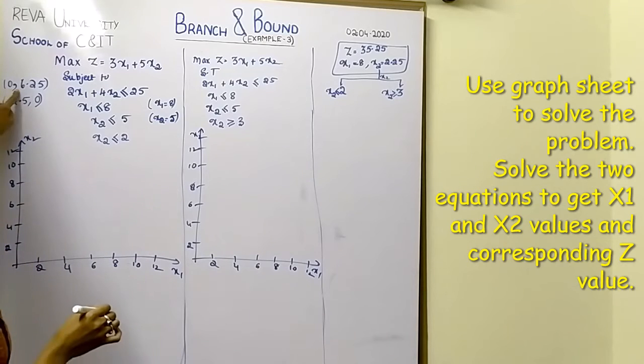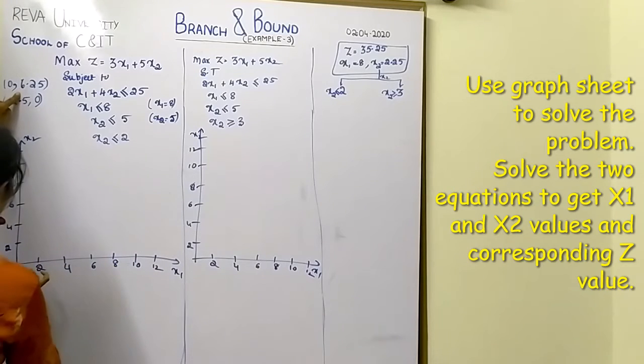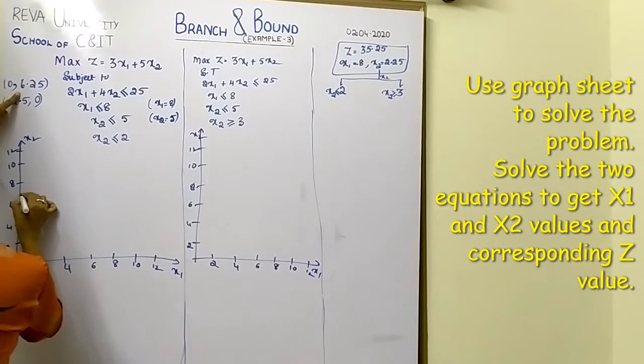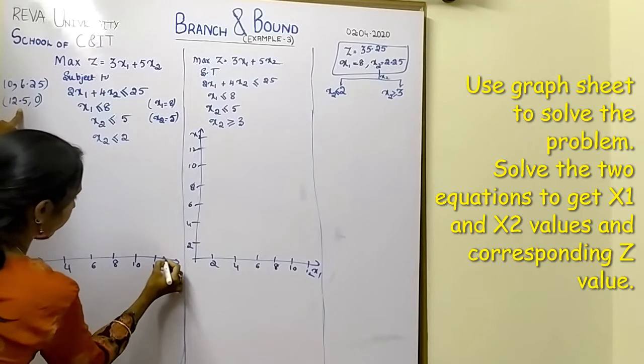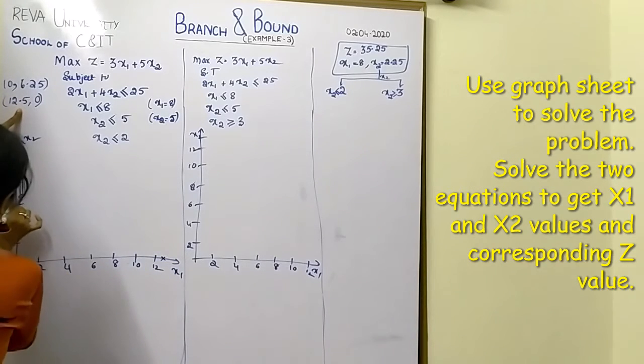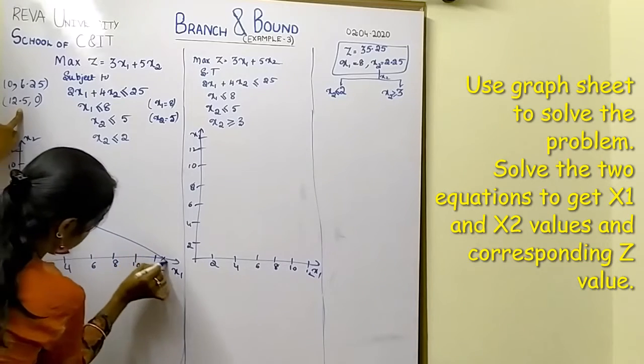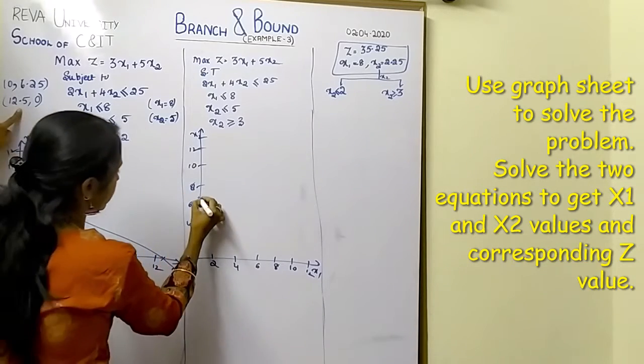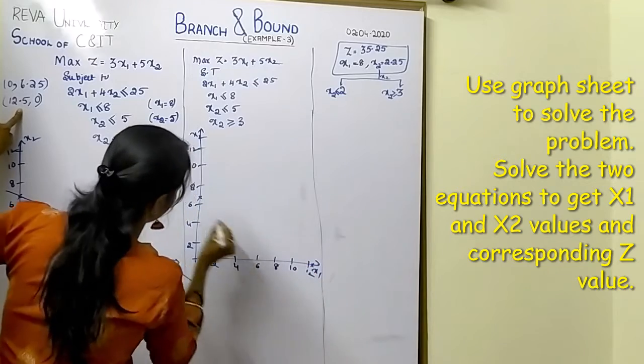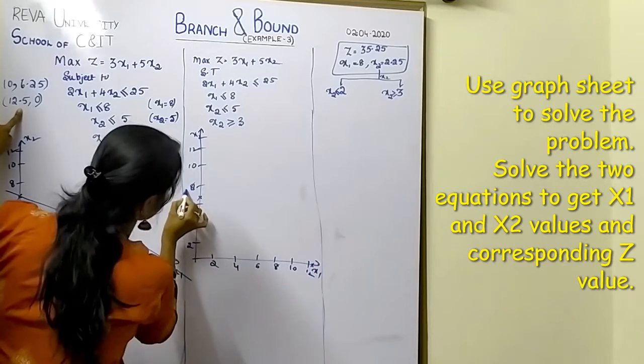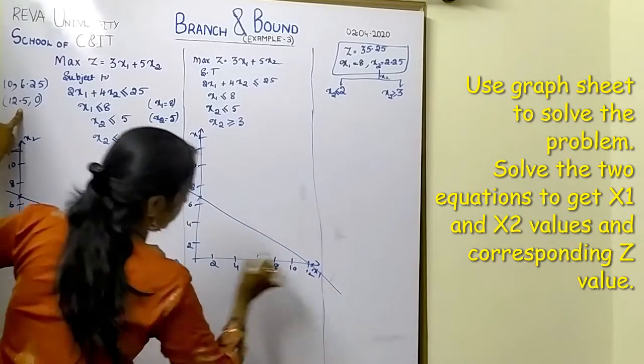So first point is 0, 6.25. And 12.5, 0. So join this. Okay, 6.25, 12.25. So join this.